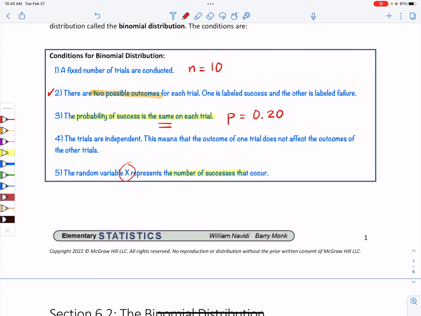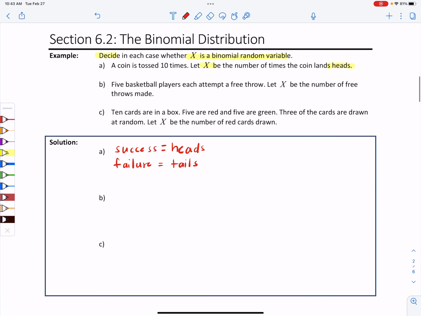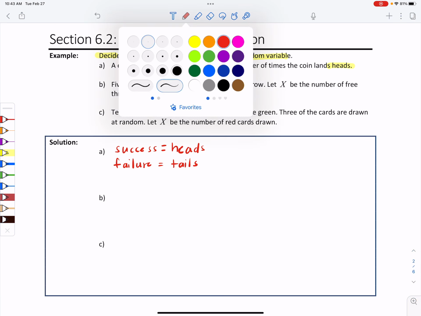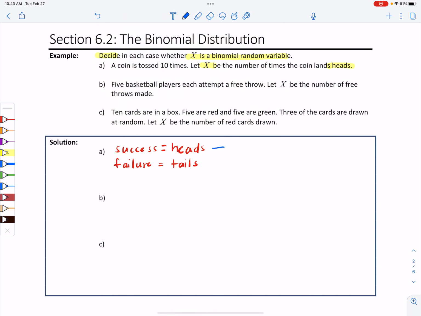The next thing that I look for is usually condition 3, making sure the probability of that success, whatever you just said, stays the same for every trial. All right, so if I say that success is getting heads, I could calculate the probability of that success for each time we flip a coin.